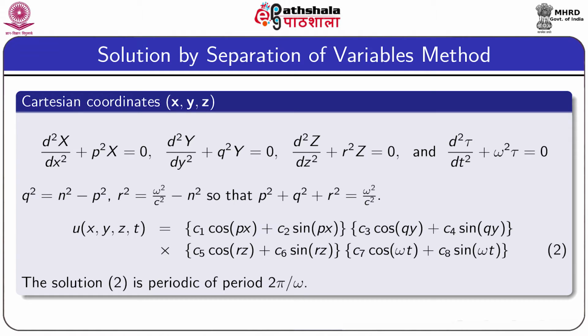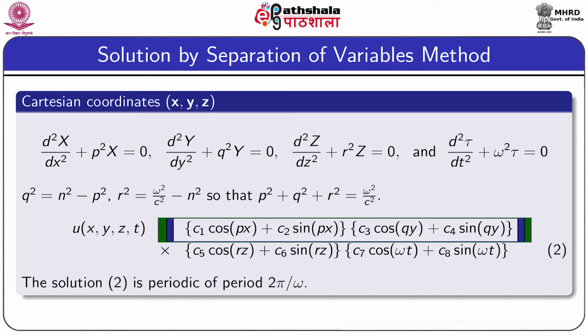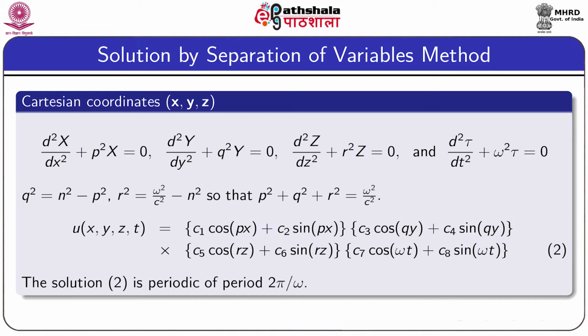Therefore, all the equations for capital X, capital Y, capital Z and tau can be expressed in the form which can be seen in this slide. The solution for capital X can be written easily as C1 cos px plus C2 sin px. Now, if we look at the equation for capital Y, its solution is also a linear combination of sine function and cosine function.